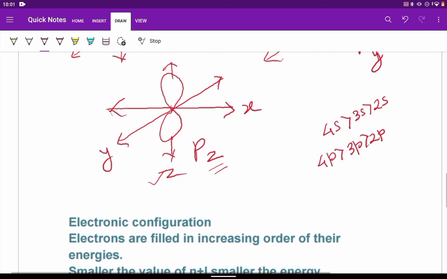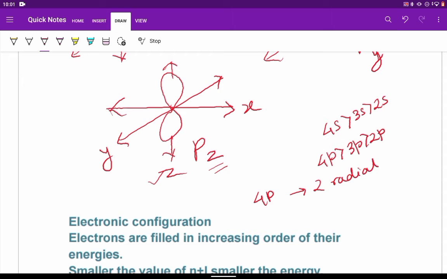Here the number of nodes is given by n minus 2. So in case of the 4p orbital, there will be 2 radial nodes. The number of radial nodes for 3p will be 3 minus 2, 1.